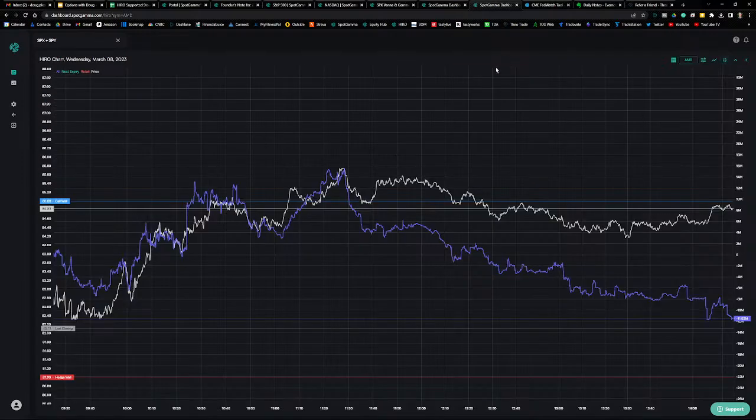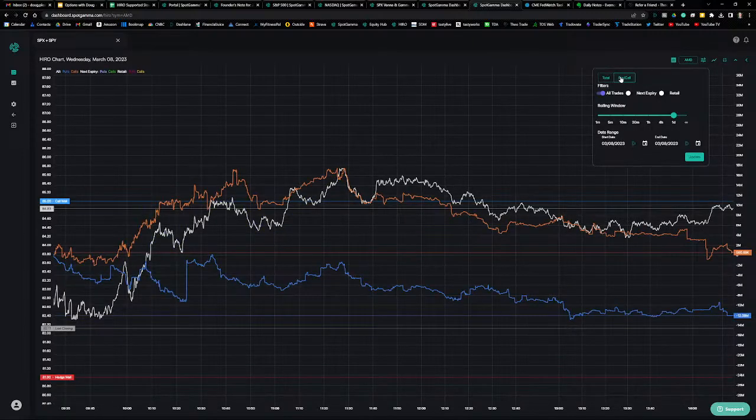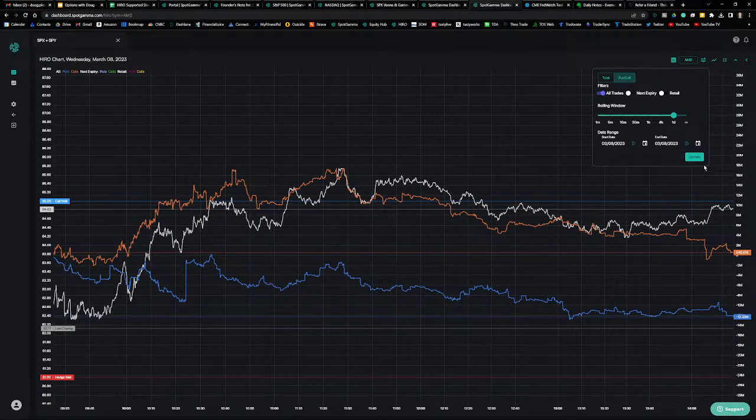And let's zoom in, separate out puts and calls. So the orange line shows calls, and a rising orange line means that traders are buying calls, not doing much with puts. At least in the morning.